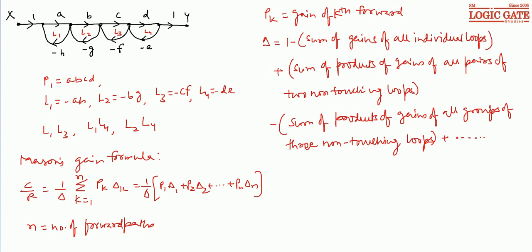And what about del K? So del K is a modification of this del. If we find del K, then del K is 1 minus sum of gains of all individual loops. We'll add one more term here: not touching the kth forward path.